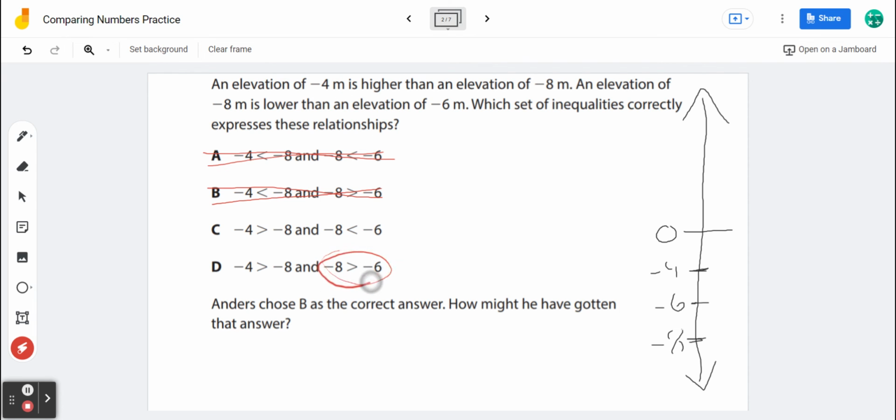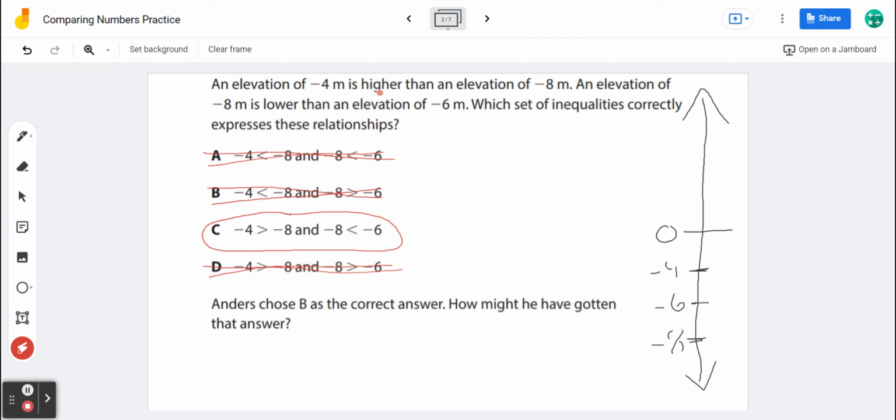What this inequality says is that negative 8 is on top of negative 6. Not according to our number line, which is the correct number line. Negative 4 is greater than negative 8 because negative 4 is further up. Negative 8 is less than negative 6 because negative 8 is lower than negative 6.